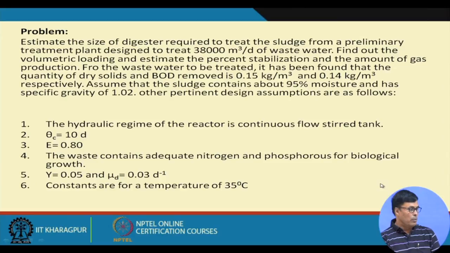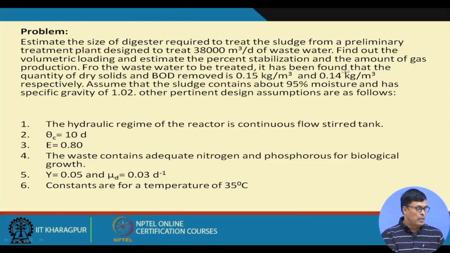Now I want to solve one problem that is very useful for the anaerobic digestion process. Estimate the size of the digester required to treat the sludge from a preliminary treatment plant designed to treat 38,000 cubic meter per day of wastewater. Find out the volumetric loading, estimate the percent stabilization and the amount of gas produced from the wastewater to be treated.